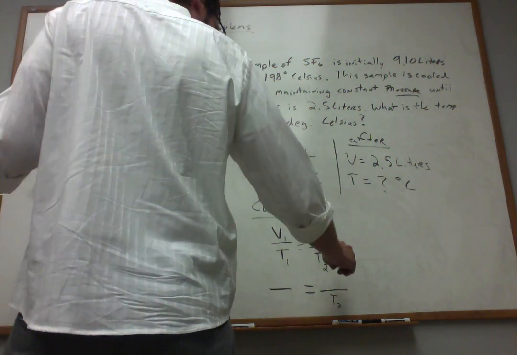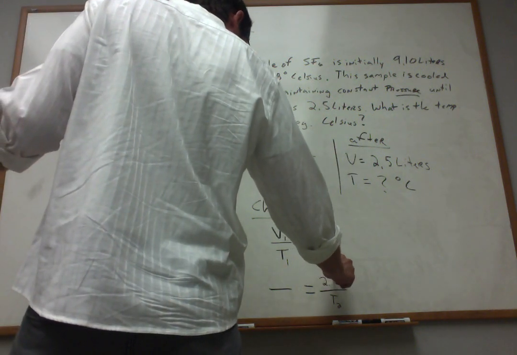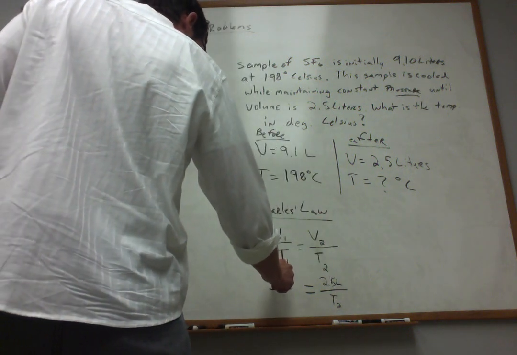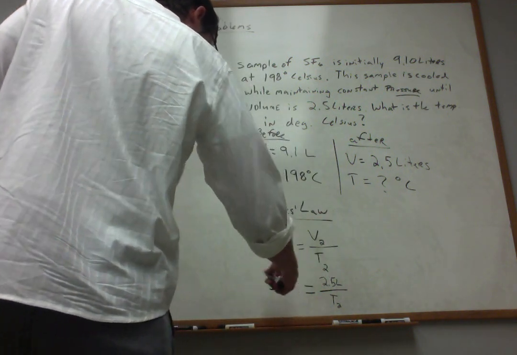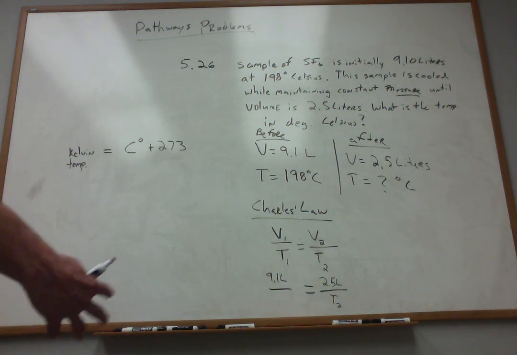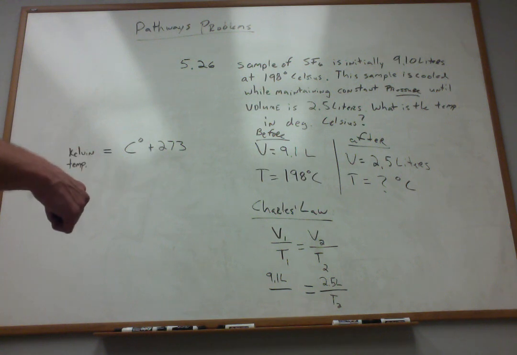Now my V2 is going to be my 2.5 liters. My initial volume is 9.1 liters. I can really use milliliters or liters in this relationship as long as I'm consistent. I can use pretty much whatever volume unit I want. It just has to be the same on both sides of the equal sign.